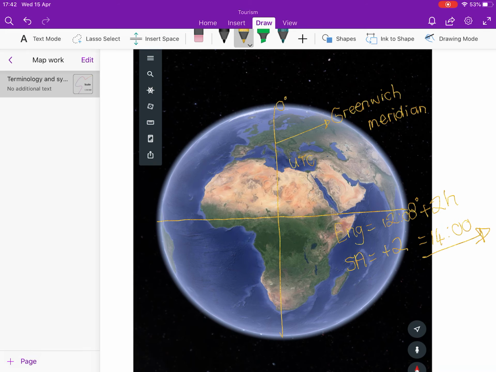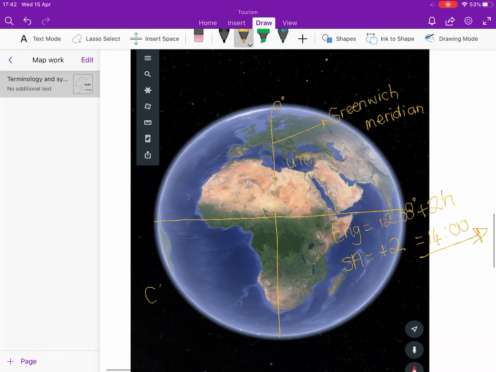Okay, so if we had to say China lies at the +8 time zone, and it is 12 o'clock in England, we would add 8 hours to that, which would give us 20:00, meaning 8 o'clock at night for China.